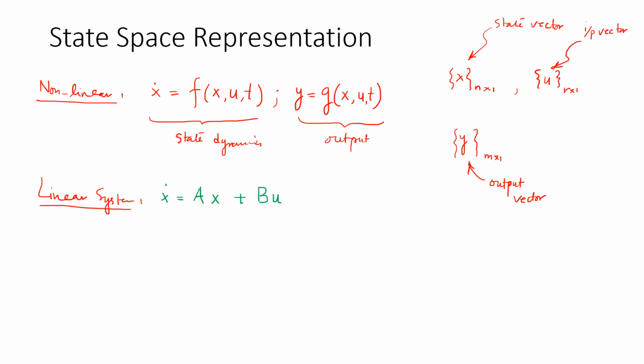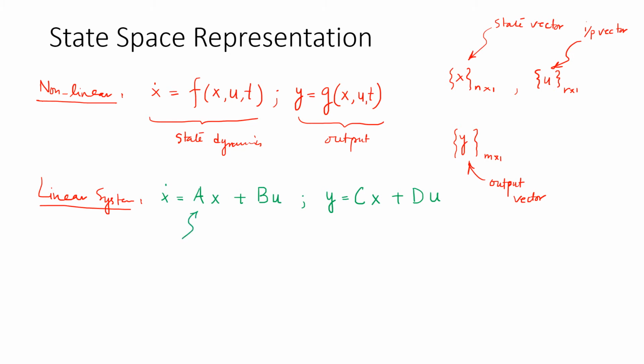So this is going to be the state dynamics, and I'll further define it later on. And the output equation is going to be y equal to a matrix C times the state variables x plus another matrix D times the input vector u. And I'm going to write this down in terms of their names.